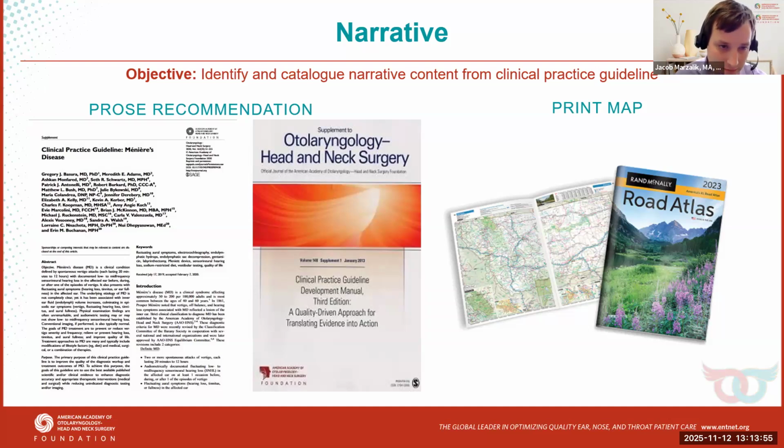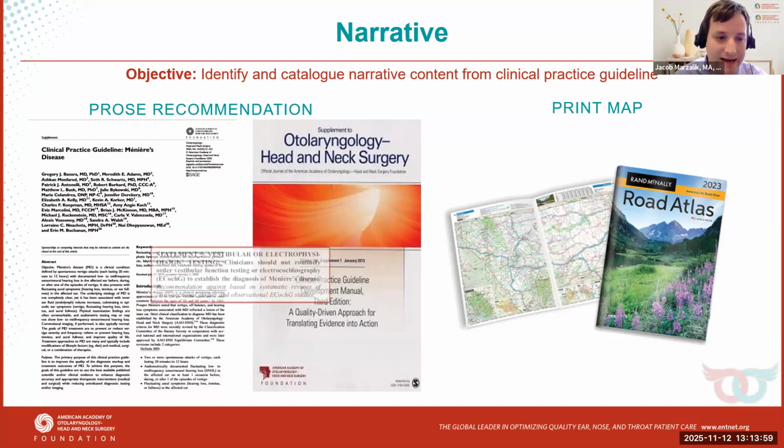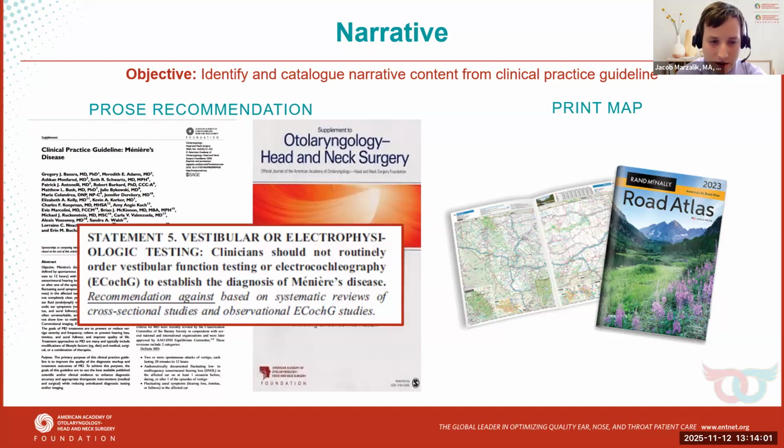Here's a screenshot of the title of the manual and an example of what we'll walk you through of digitizing one of the key action statements from the Meniere's guidelines. Here's a screenshot of the example that we will show you throughout the level progression. You'll want to see this as a print map, using atlases, from the time before computers and CDs and GPSs were developed.